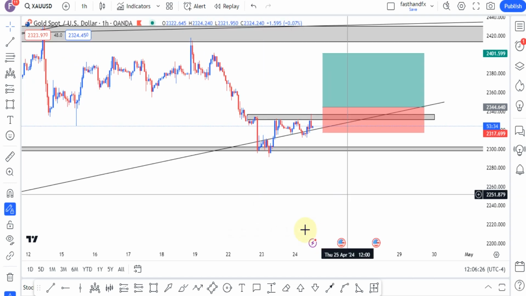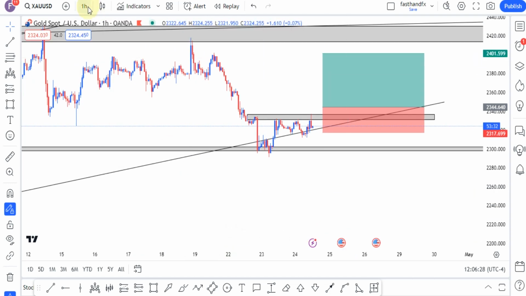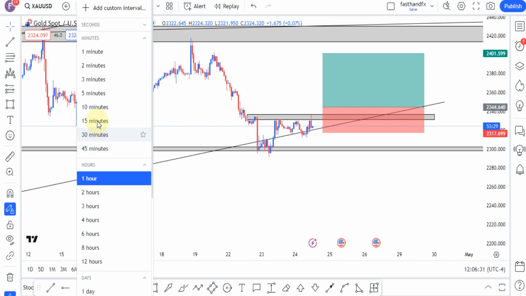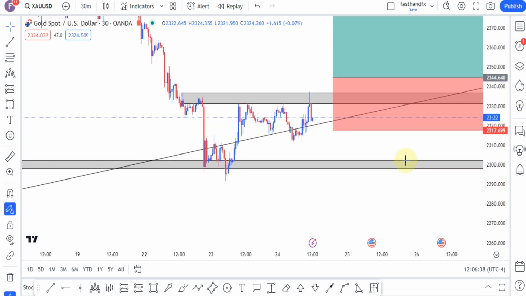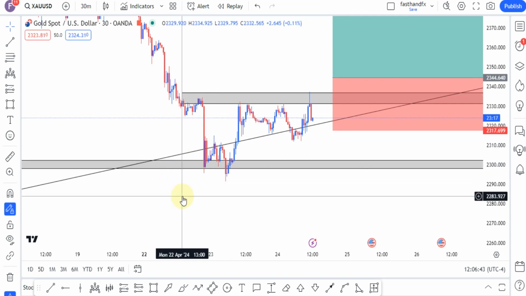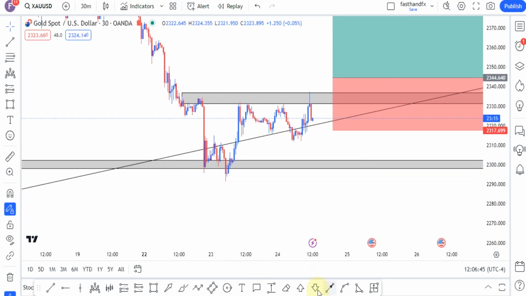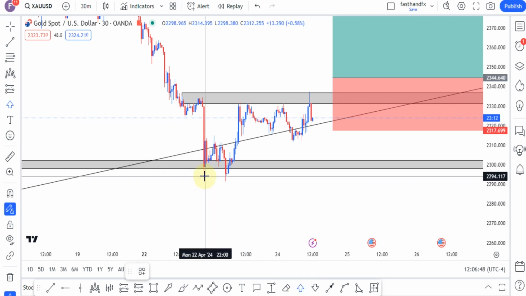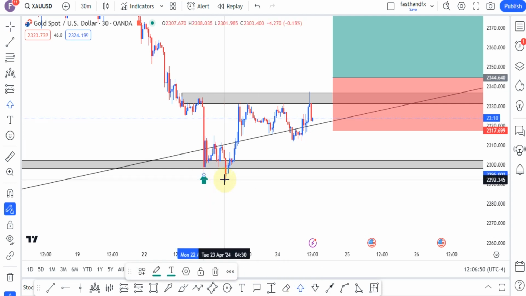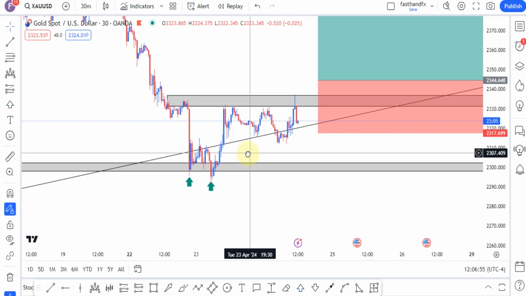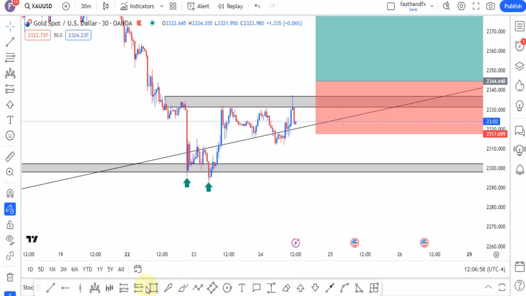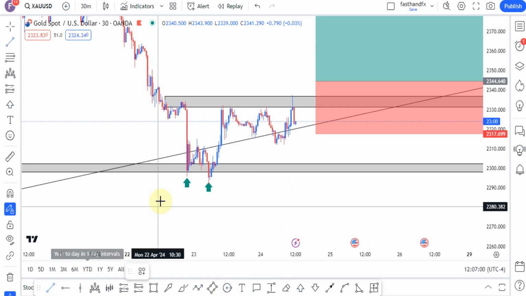Also, if you look at this consolidation right here, we can see that the market is still in a correction from this small impulse move from down here. The market did come all the way to this area of support, then it gave us these double bottoms, and normally, guys, when you see double bottoms, these are very powerful patterns that we normally look at in gold.